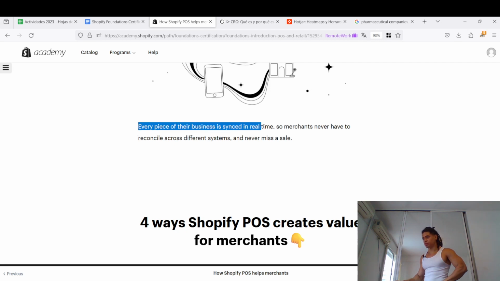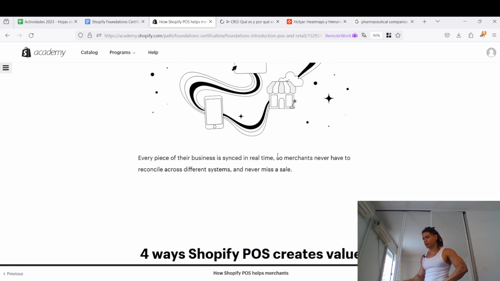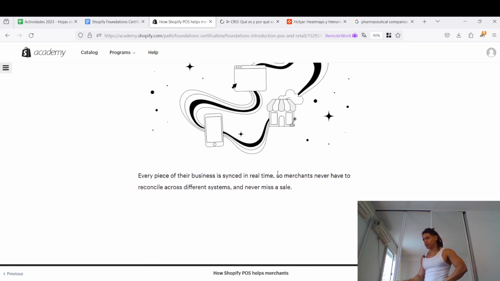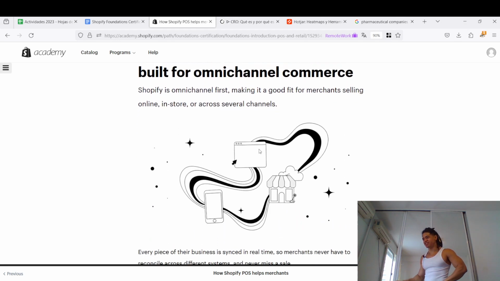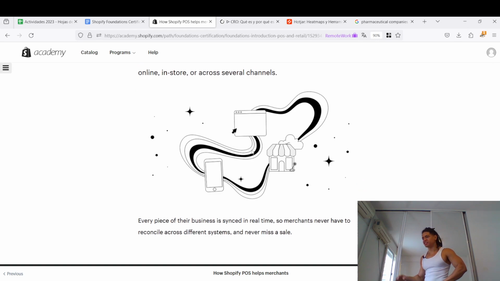So merchants never have to reconcile across different systems and never miss a sale across these different sales channels because it's synchronized in real time.